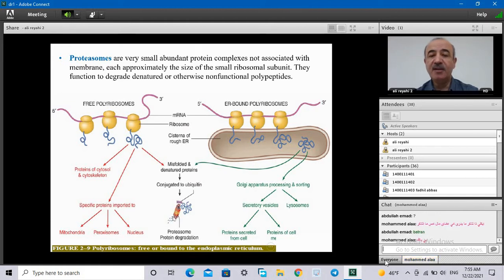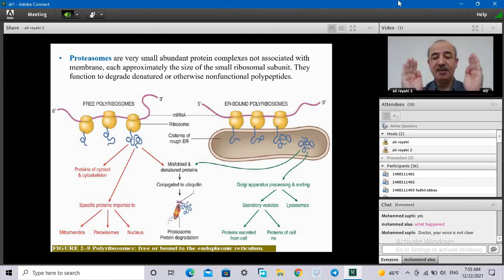Okay, the proteasome is cylindrical, and in one of the proteasome, attention please, there is some protease enzyme that can cut the protein chain, and finally it can hydrolyze the polypeptide to peptides or amino acids. These amino acids are released on the other side of the proteasome and can be used for production of new proteins. Okay, this is the function of the proteasome.